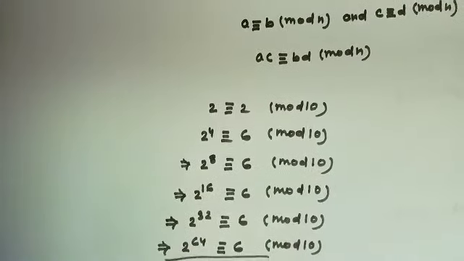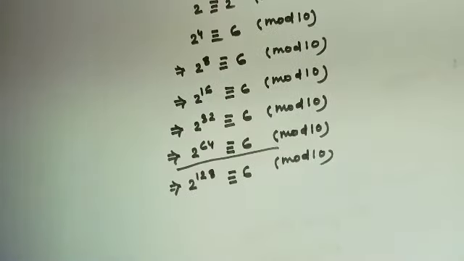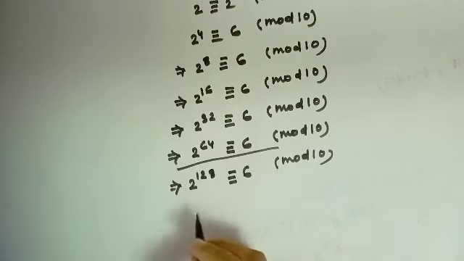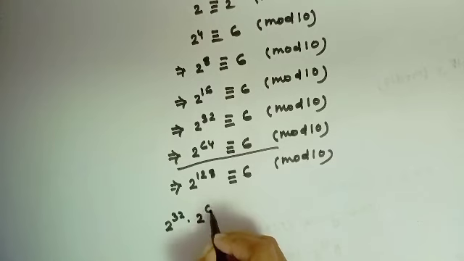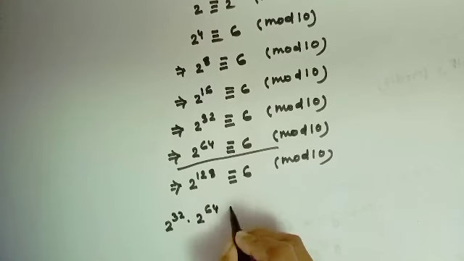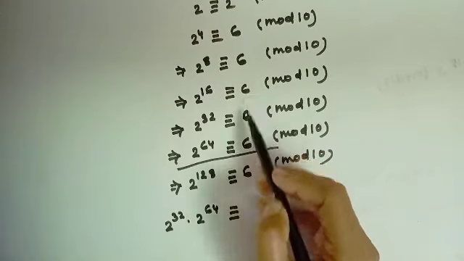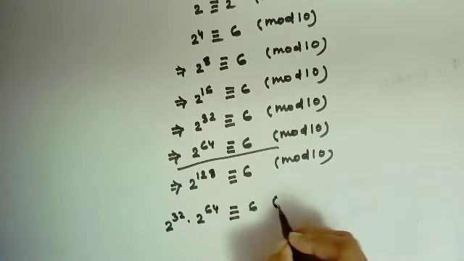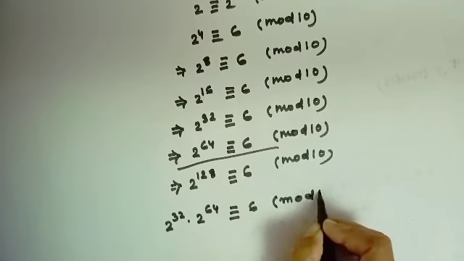Here for 2 to the power 100, by this rule we can apply 2 to the power 32 times 2 to the power 64, which is congruent to 6 times 6, that is 36, meaning 6 modulo 10.